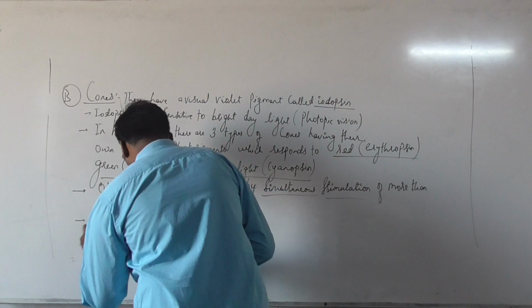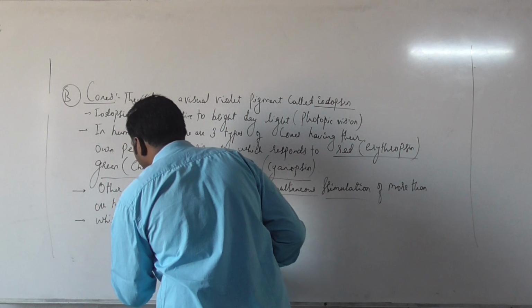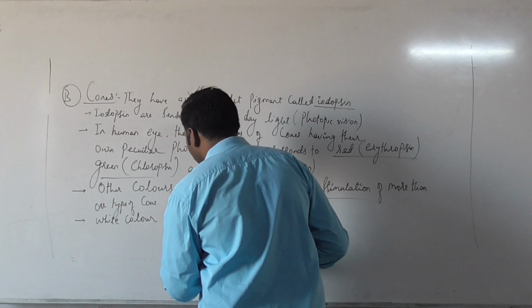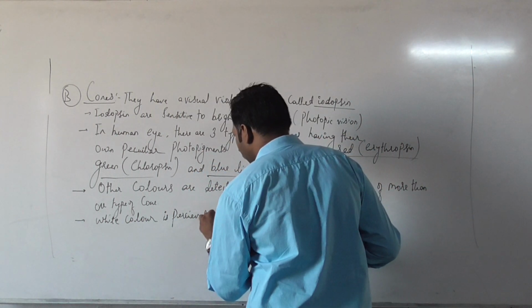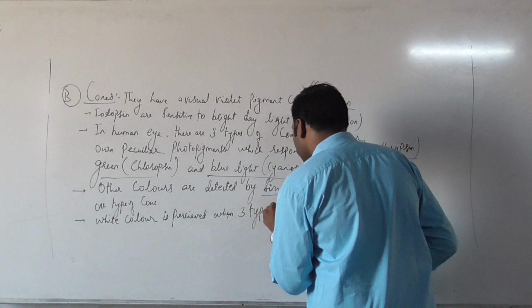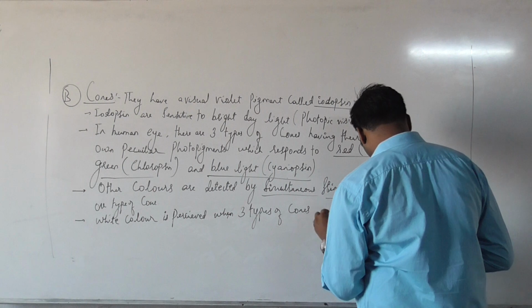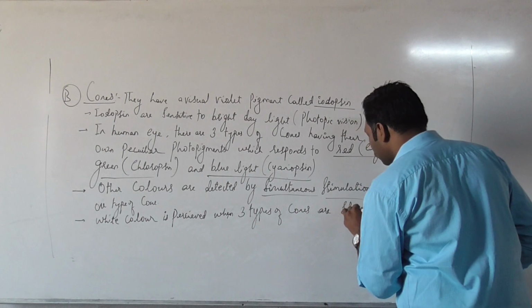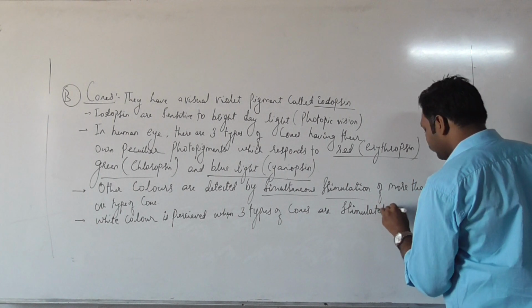Then next, white color is perceived when the three types of cones are stimulated equally.